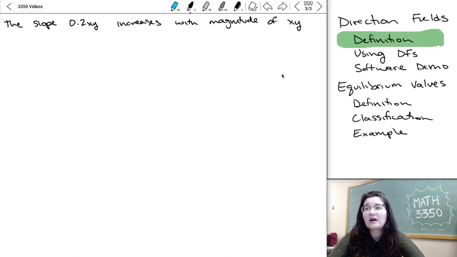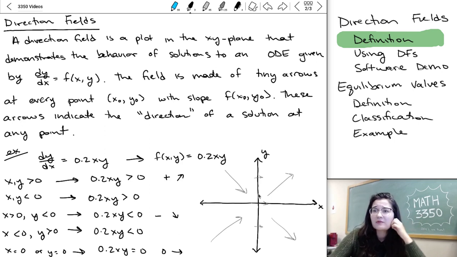So the slope becomes technically smaller in these regions where it's negative, but if x and y take on bigger values like negative 1,000, you're going to have steeper arrows. The magnitude of that slope is larger.